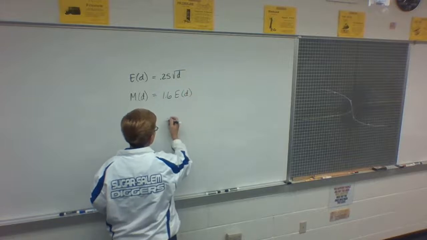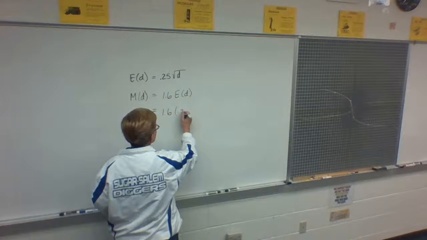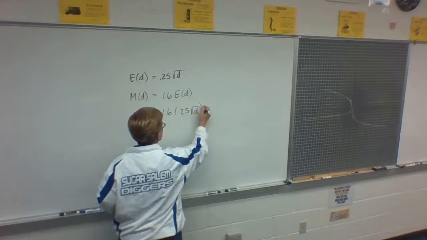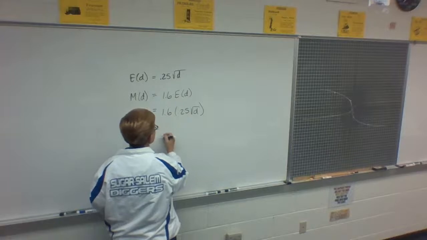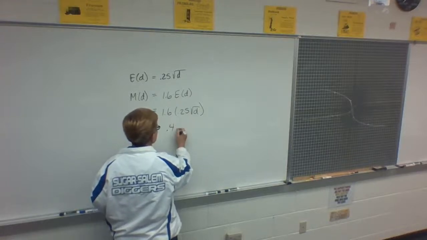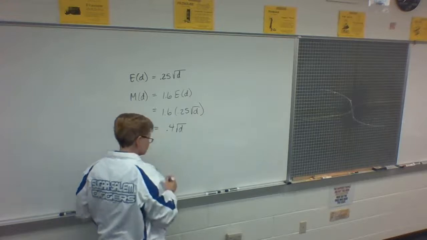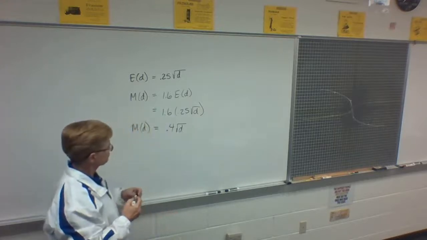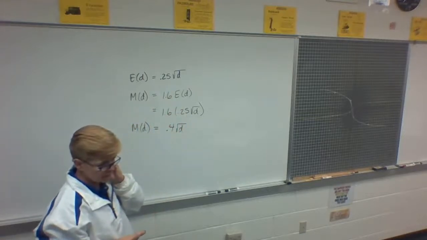Well, that's not a very hard thing to do. That's 1.6. Just replace E of d with 0.25 root d. Well, what's 1.6 times 0.25? So there's your formula for Mars. It's just a quick substitution of what E of d is and then do the arithmetic. It's not a big deal.